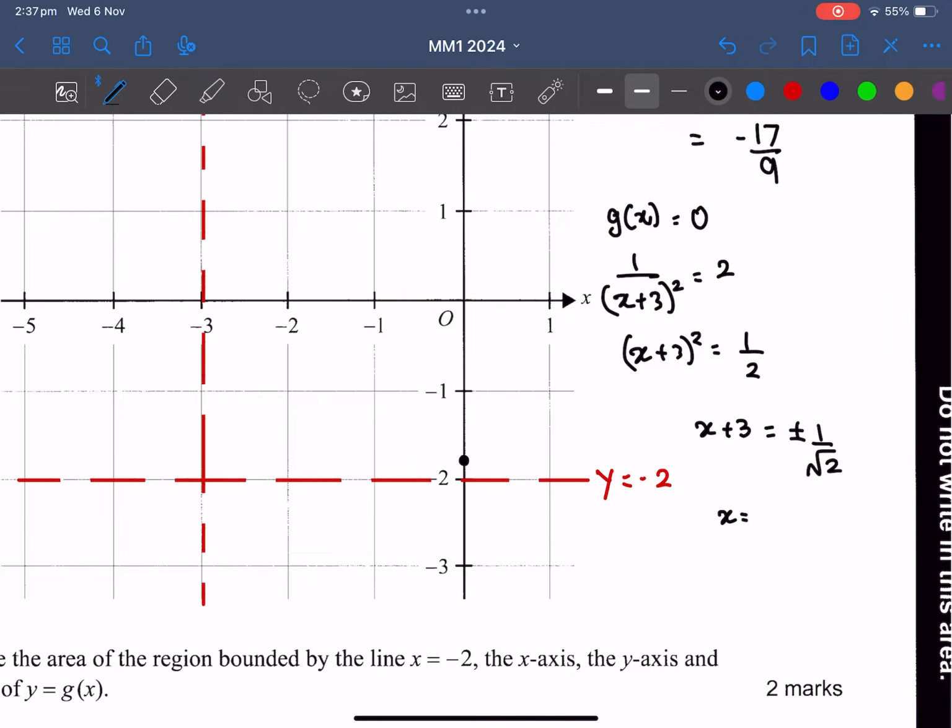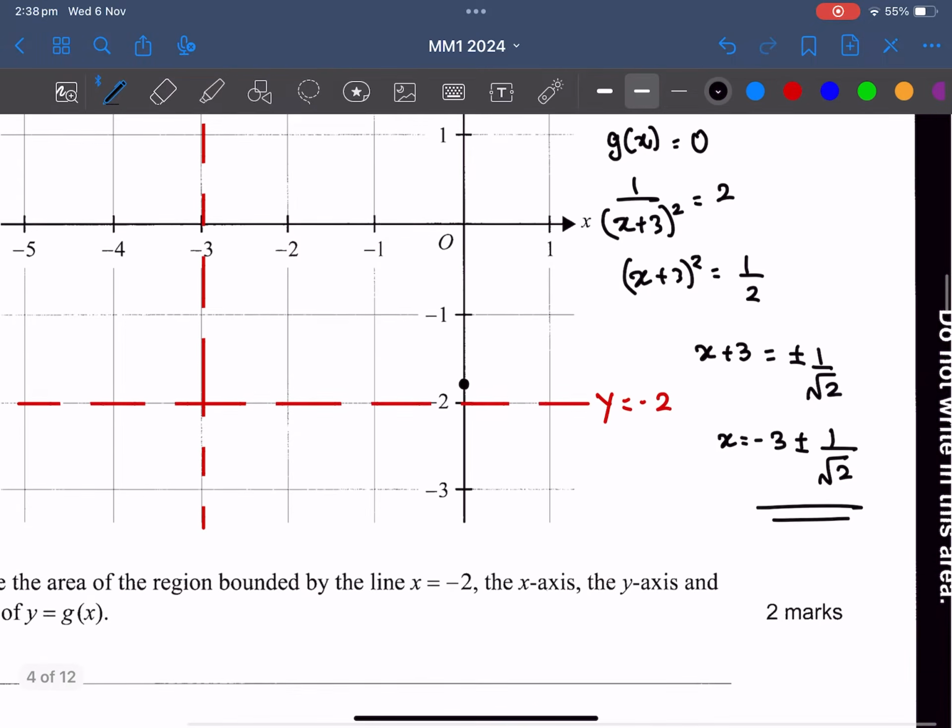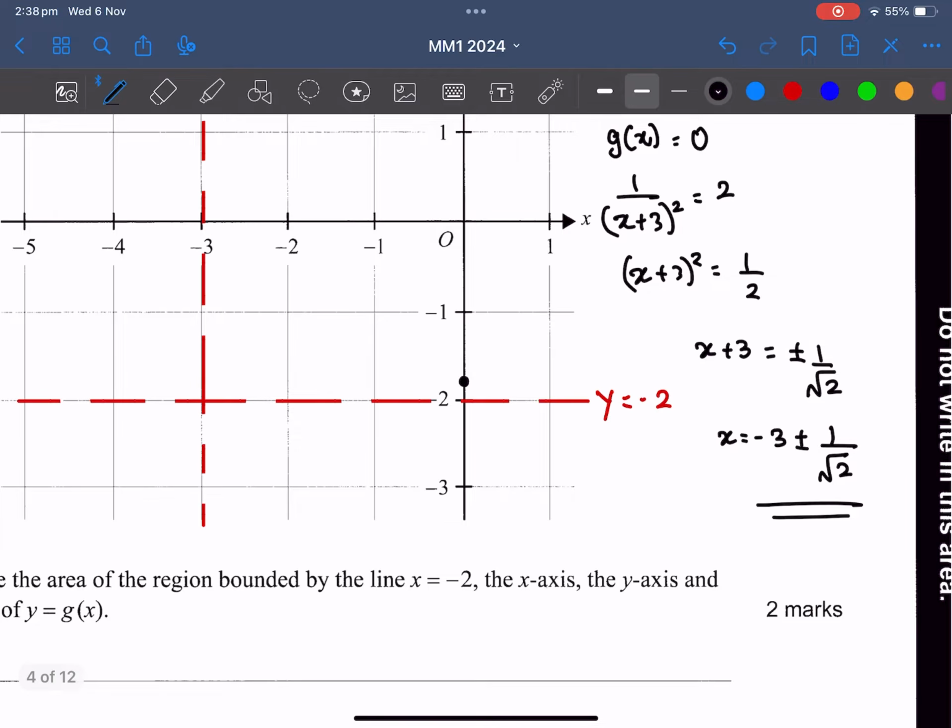So x is going to be minus 3 plus or minus 1 on square root of 2. Okay, so 1 on root 2 is roughly 0.71.